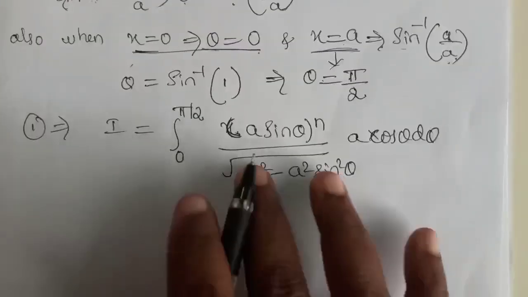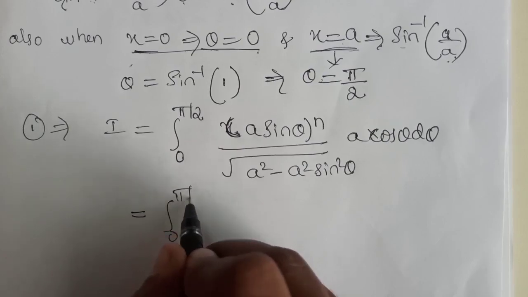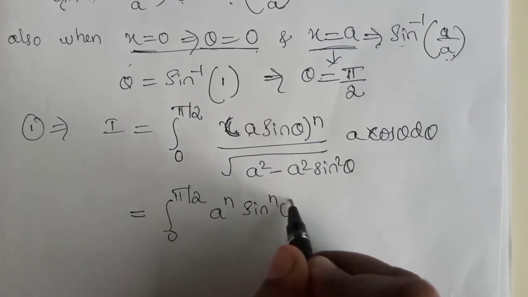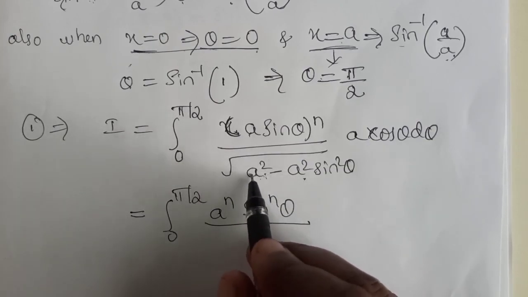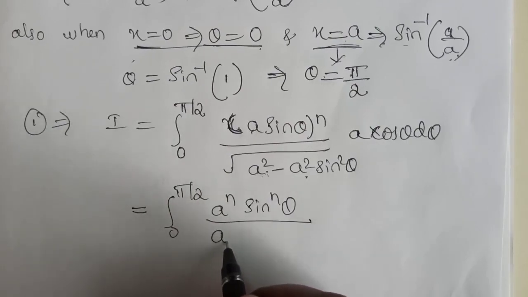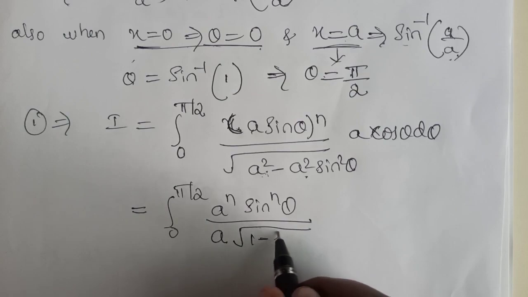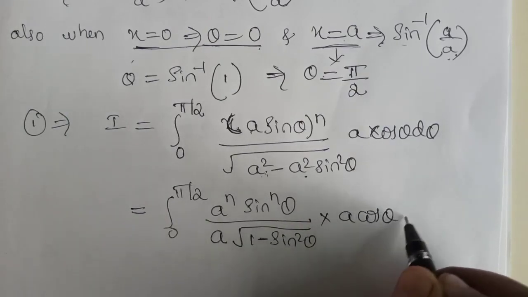Okay, so further simplifying this one, we get integration 0 to pi by 2 a power n sin power n theta. In the denominator we can take a square as a common term, so square root of a square is a into, in the root we get 1 minus sin square theta, into a cos theta d theta.